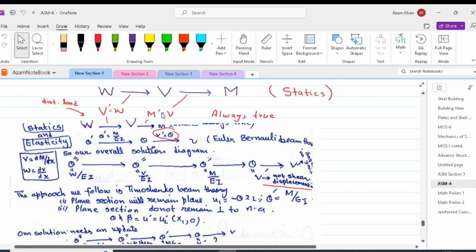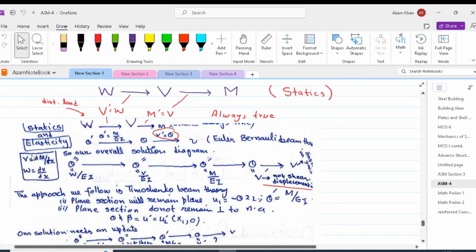Since M' is equal to the shear magnitude, we can differentiate once more and we will get V over EI, or shear. Differentiating once more gives us the magnitude of the load, w over EI. So θ''' is equal to w over EI.